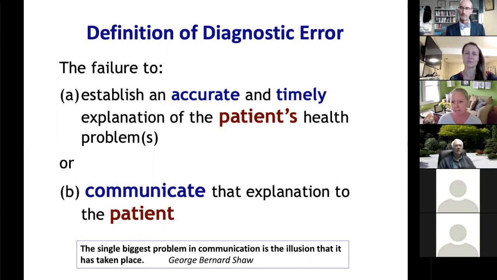So as these symptoms are mounting and I'm not being listened to, it is very clear to me that there was just an overall issue with not understanding or believing the information that was shared. So it does fit in that there was not an accurate or timely explanation. Nothing was really communicated to me because he didn't believe anything was wrong. So it's not a perfect fit into this definition, but I certainly see elements of what happened to me reflected in the diagnosis.